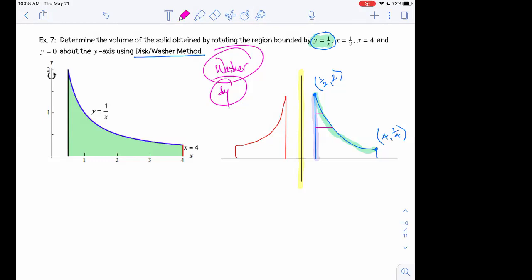That's good, because when we set up our integrals, we want to make sure that they have the same left and right curve so we can use just one equation. So does this pink line still have the same left and right curve as the other two? Yes. However, there's always a however. What about this guy down here?